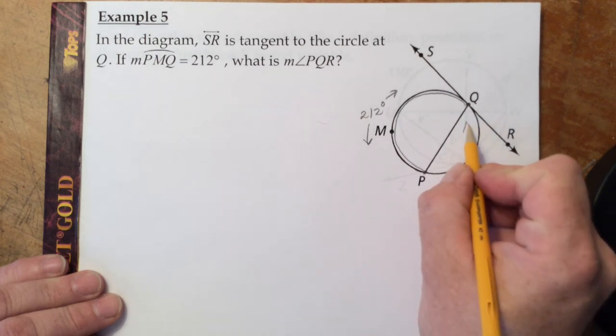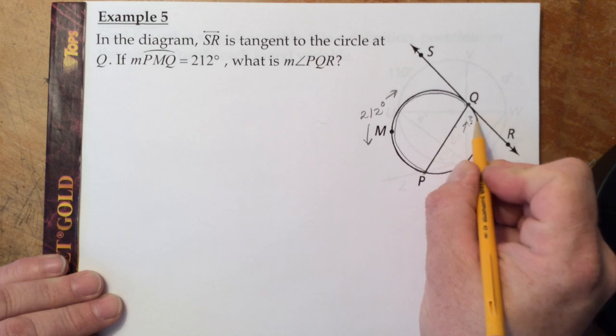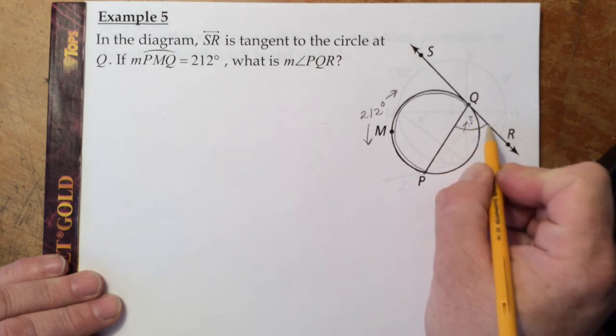PQR, this one right here. Now remember, this angle doesn't stop where the circle is. It stops clear over to the line that's tangent.